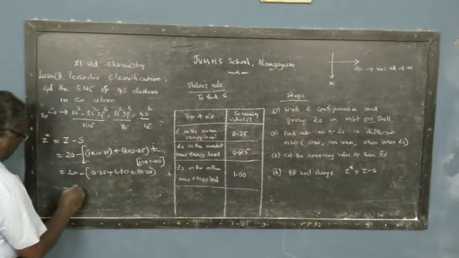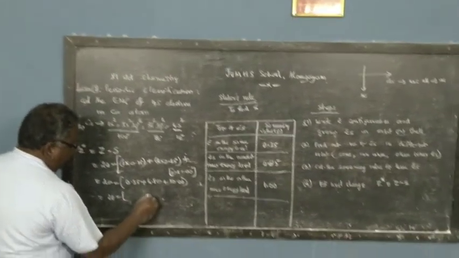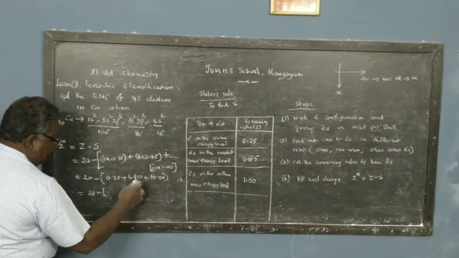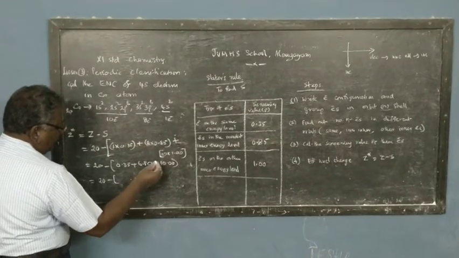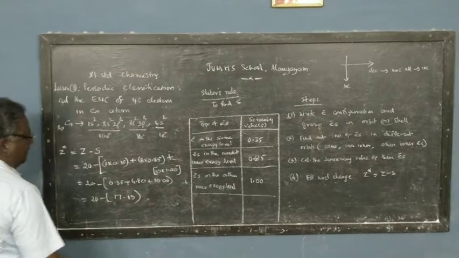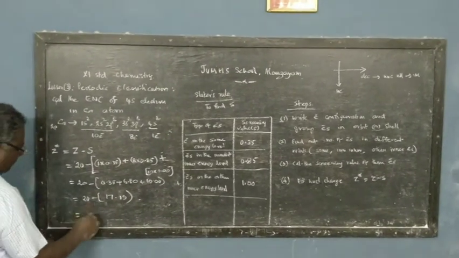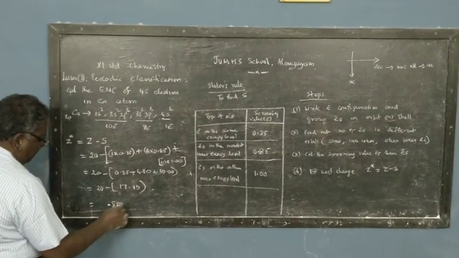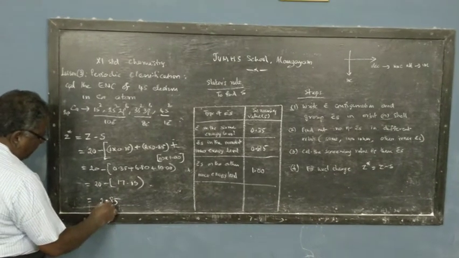Right? So you have to add this. So it is 0.35 plus 6.8, which is 7.15, plus 10, which is 17.15. So subtract from 20. It will be 2.85.